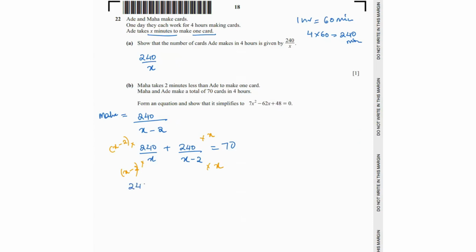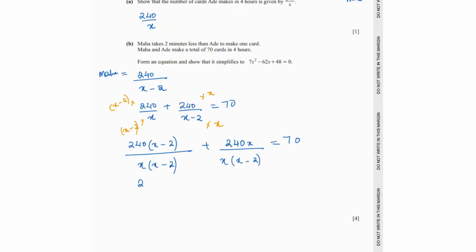That's 240 times x minus 2 over x times x minus 2, plus 240x over x times x minus 2. 240x minus 480 plus 240x, combined as a single fraction, 240x plus 240x is 480x.